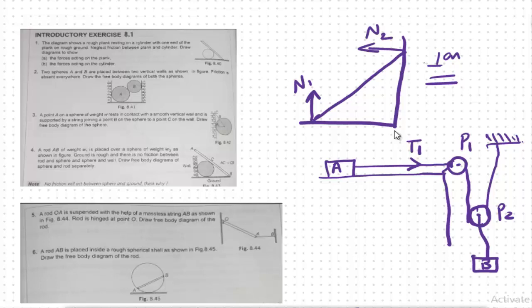And P1 will be giving a reactional force towards A, that is T2. Now I am considering this side, P1 to P2. P1 will be giving a force in the downward direction, that is T3 towards P2, and P2 will be giving a reactional force, that is T4.